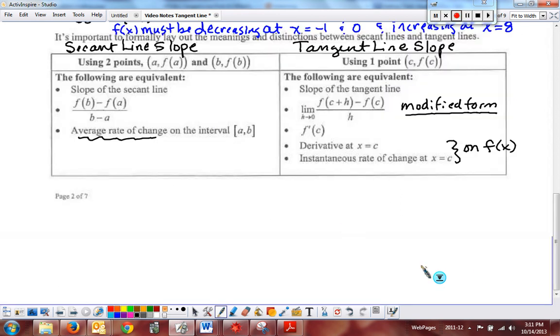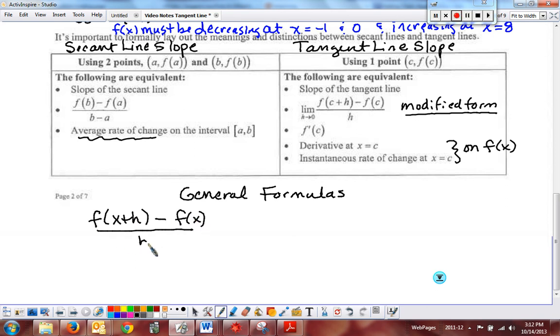If I was actually talking about the general formula for the slope of the secant line, if I just want to find the slope given a point x, f of x, you would be doing f of x plus h minus f of x, all over h. And that would be what we consider the difference quotient, which is the formula to find the slope at any point x.